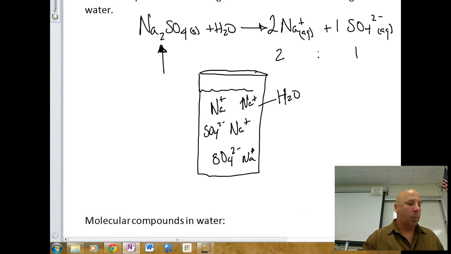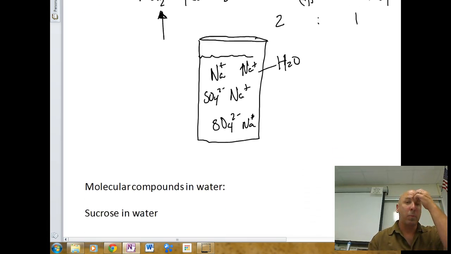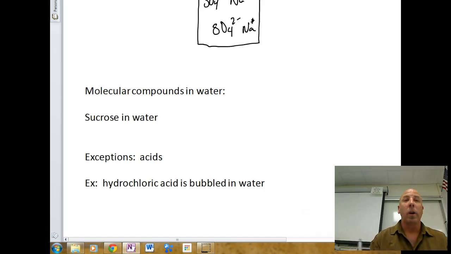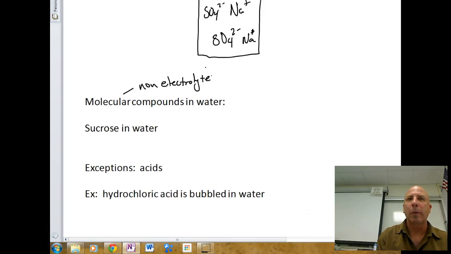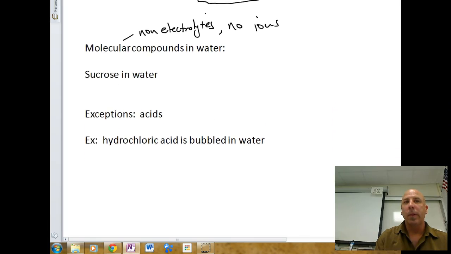Now, we did talk previously about what happens with molecular compounds in water. With respect to sucrose, we talked about that up above, so you can scroll back up and look at what that looks like. Remember, molecular compounds are non-electrolytes, which basically means there are no ions to help conduct electricity, like sucrose in water.